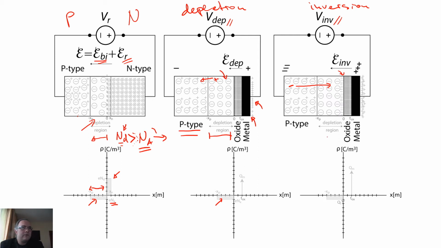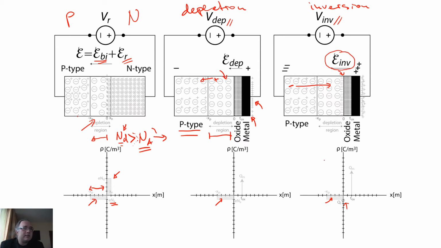So now if you look at the charge here in the diagram, you still have the space charge, of course, so these are the immobile ions, but you also have a thin layer of electrons, which are also negative charges, but they are mobile, so they will come and pile up here if the applied electric field is sufficiently large.